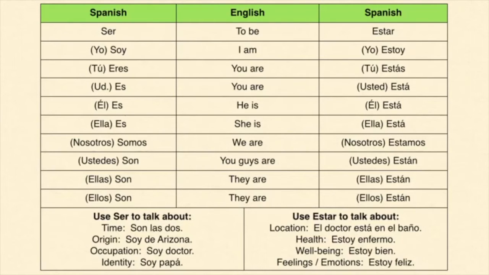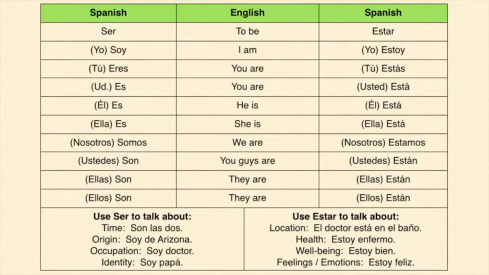If you look at to express I am, we could say yo soy or yo estoy. To say you are, we could say tú eres or tú estás. We could also say usted es or usted está, formal versus informal. To say he is, we could say él es or él está.